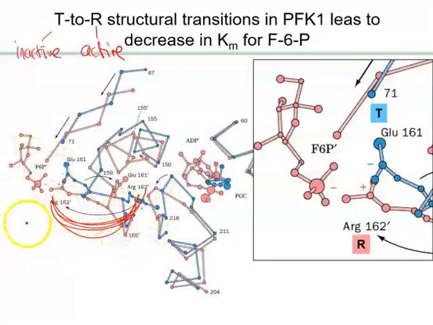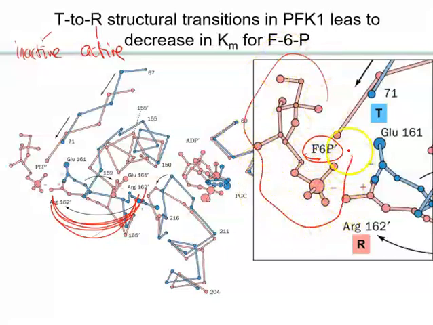One is positively charged and one is negatively charged. And what essentially we're doing is increasing or decreasing the affinity of PFK1 for fructose 6-phosphate, which is shown here. And that is the substrate for PFK1.